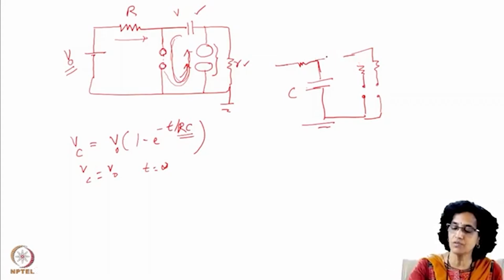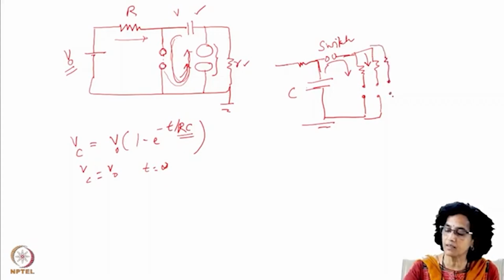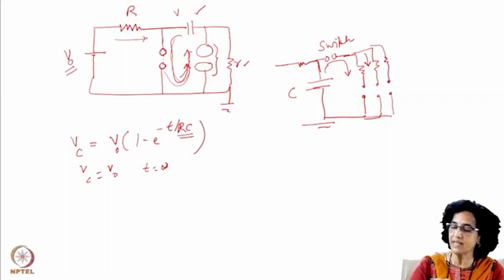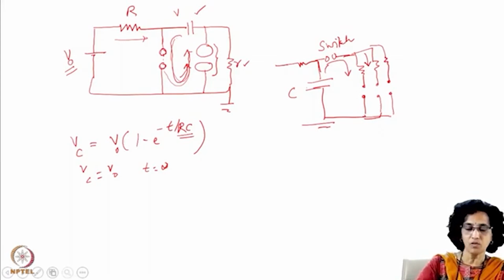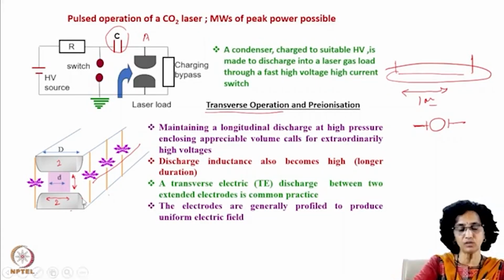We have a switch, the spark gap. When we want, the condenser discharges through a number of spark channels which are placed along the length of the discharge.